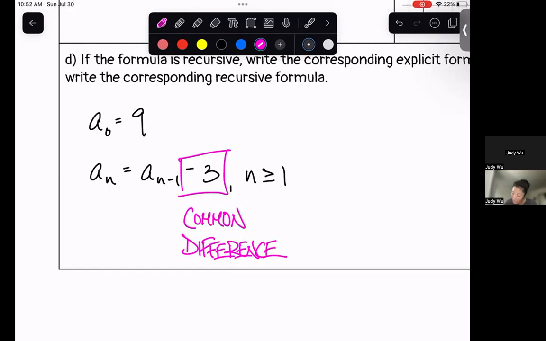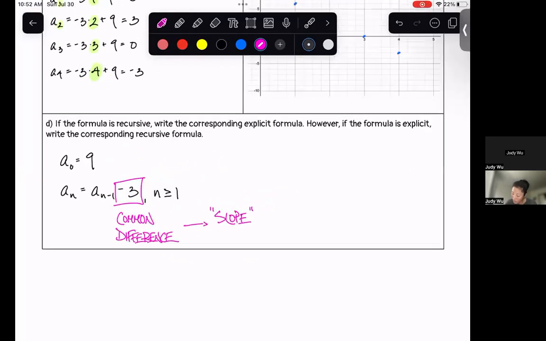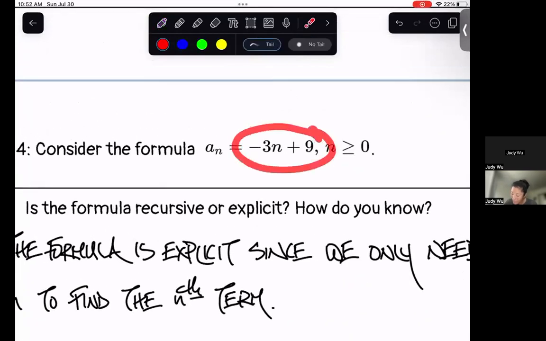And this also corresponds to the slope of our function. Now if we went back and looked at our initial formula, this kind of looks like a y equals mx plus b situation, right?